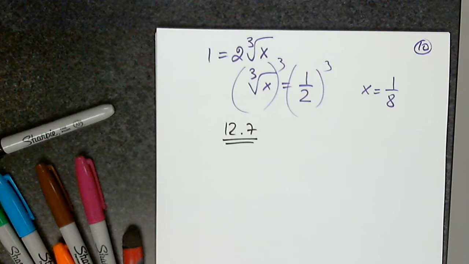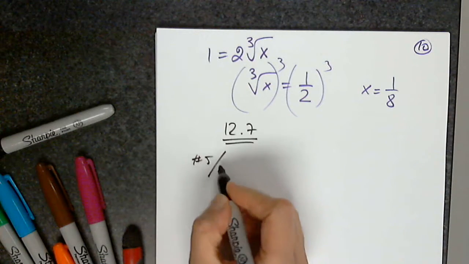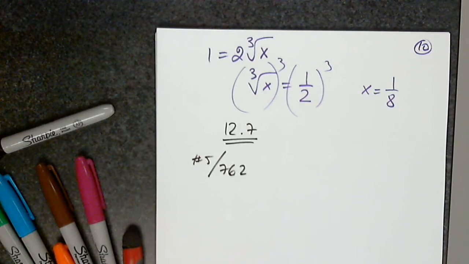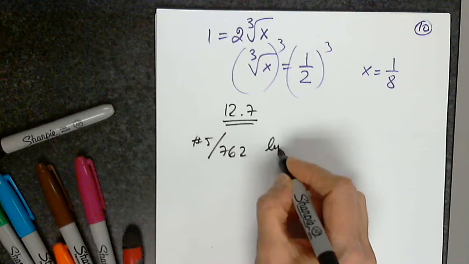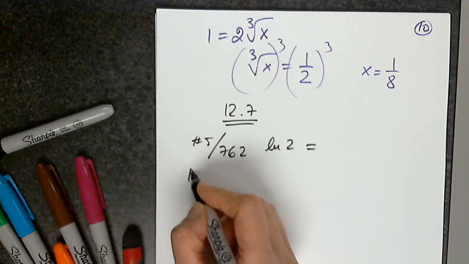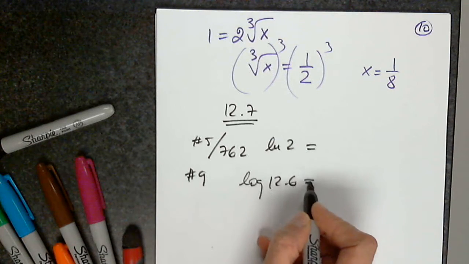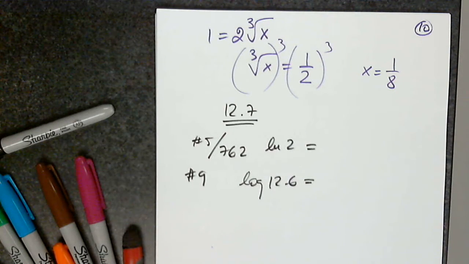12.7 exponential and log equations and problem solving. Okay. So in the first set, it's asking us to plug in a number in the calculator, like number 5 on page 762. And this is the end of what we have to do. We're asked to find this. And in problem 9 on the same page, we're asked to find this. So all we have to do is just plug it in.